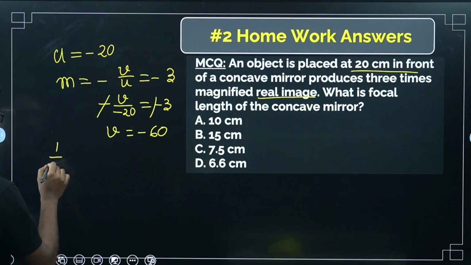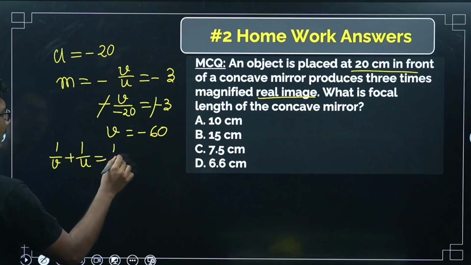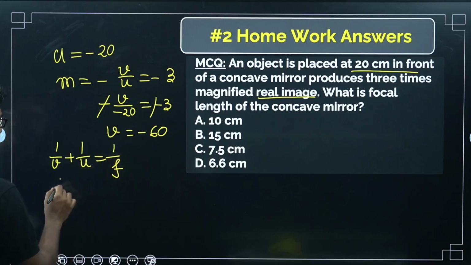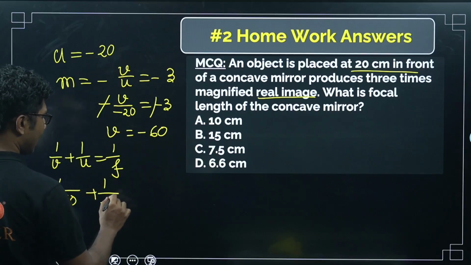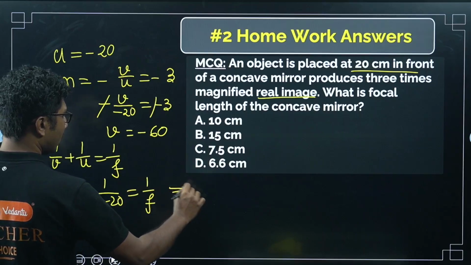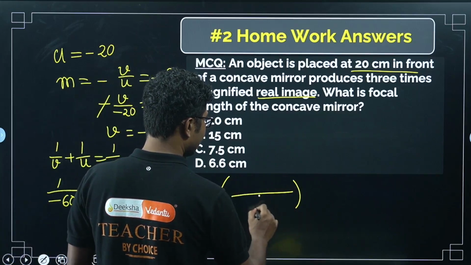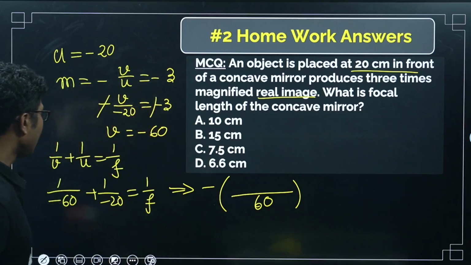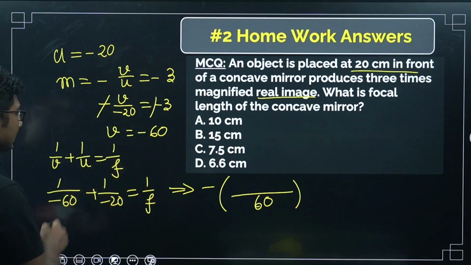So 1 by v plus 1 by u equals 1 by f. So 1 by minus 60 plus 1 by minus 20 equals 1 by f. You can take the negative common and then add them. 60 is the LCM.